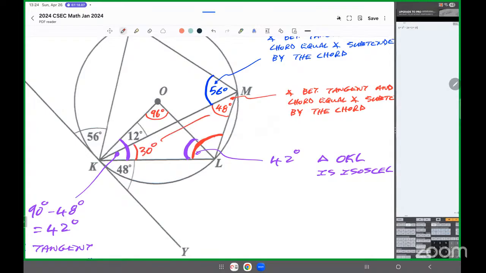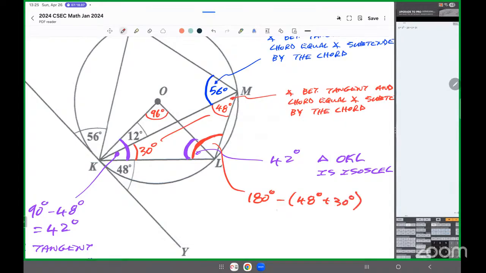Then these three angles add up to 180. So the red angle that I want right here becomes 180 degrees minus 48 and the 30.